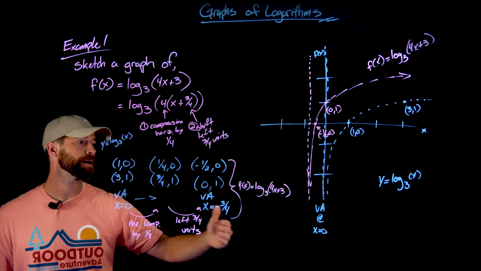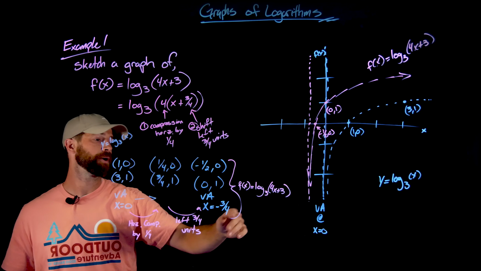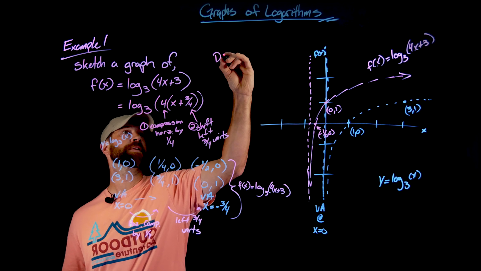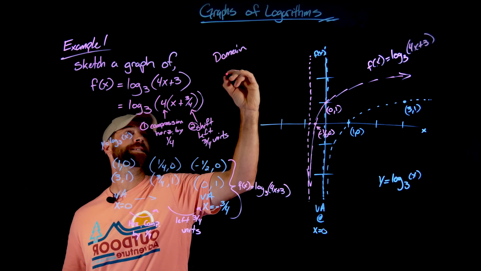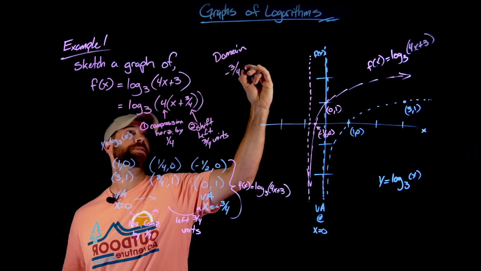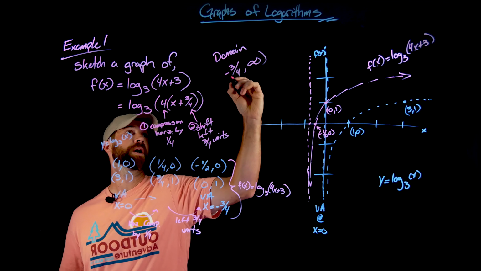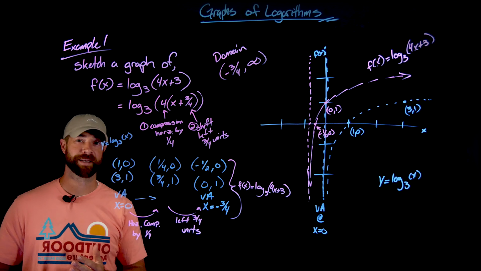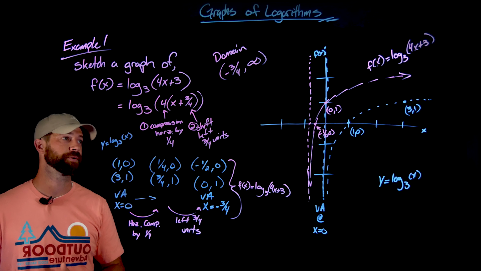The domain is now restricted by this vertical asymptote at negative 3/4. And importantly, the domain of this function is now negative 3/4, comma infinity. So we are actually allowed to plug in negative numbers, up to negative 3/4, not including negative 3/4.